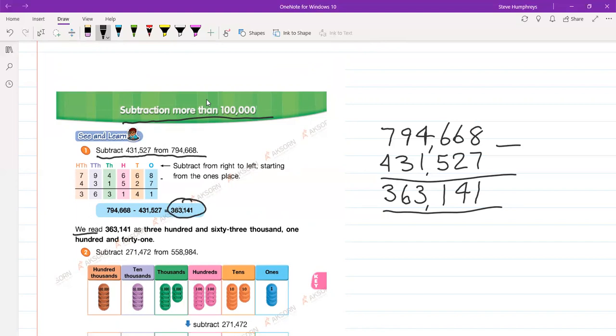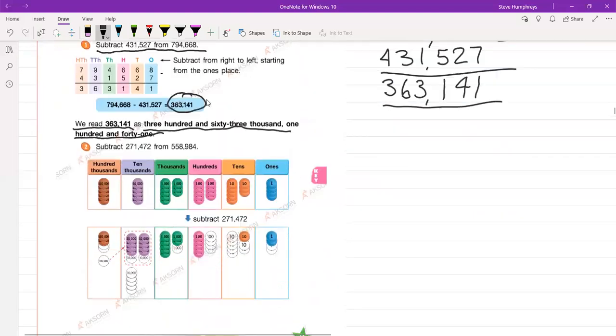And it says, we read 363,141 in numerals. There it is written in words. Okay? Okay, good. Next example.